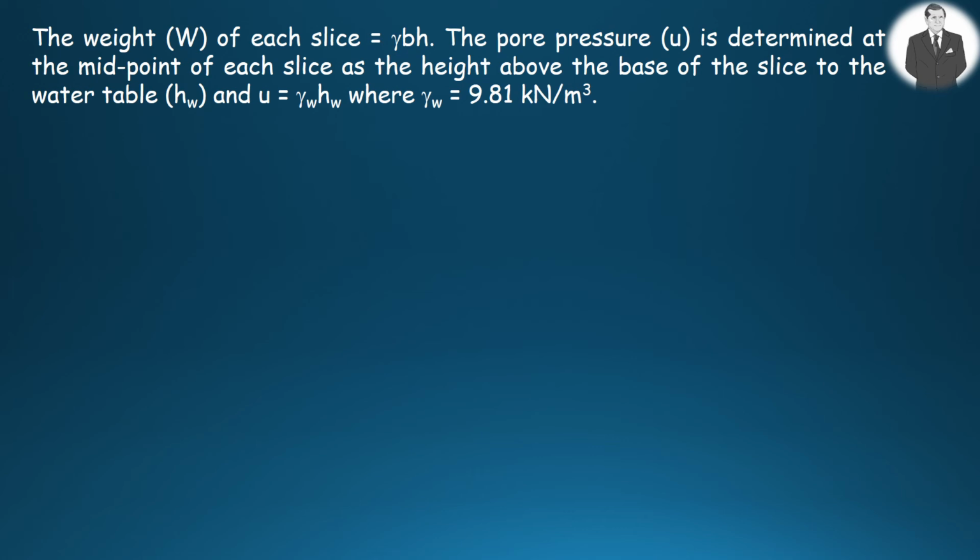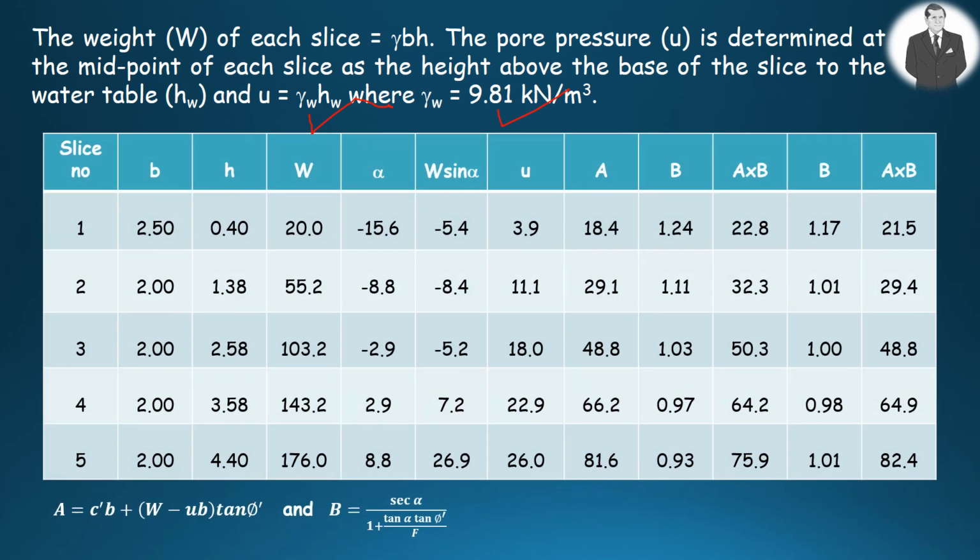And pore pressure is equal to gamma water times H sub W, where gamma water is equal to 9.81 kilonewton per cubic meter.